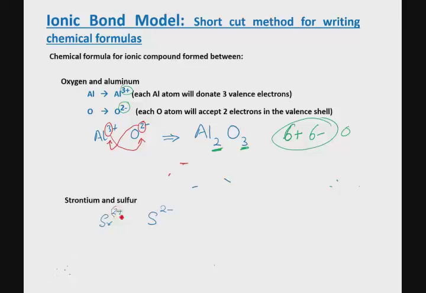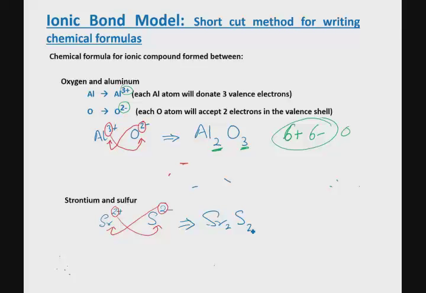We said we take the magnitude of the plus charge, put it as a subscript for the anion, take the magnitude of the negative charge, put it as a subscript for the cation, and by doing so we get a chemical formula of Sr2S2. Please, cation goes before the anion. Now, is this correct though?